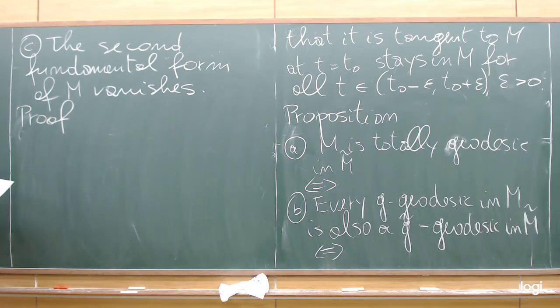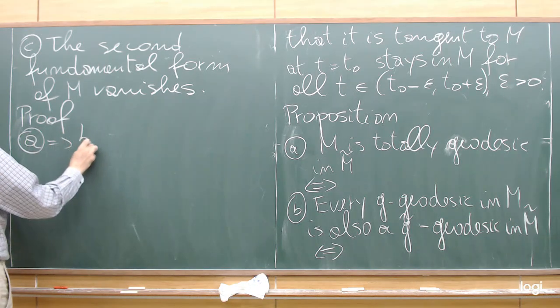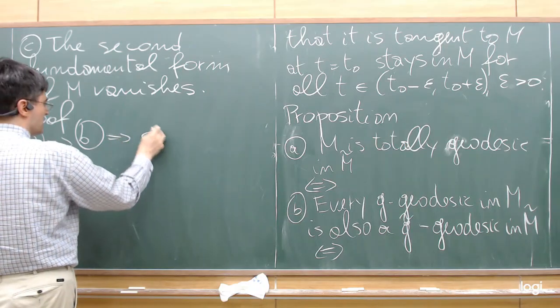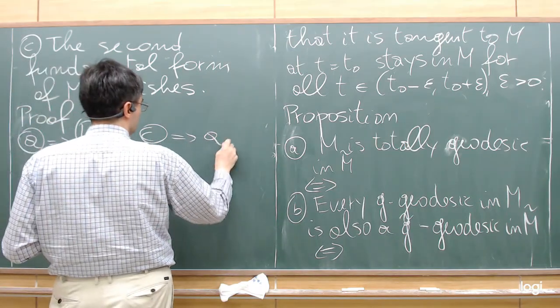So we will prove that A implies B, B implies C, and C implies A.